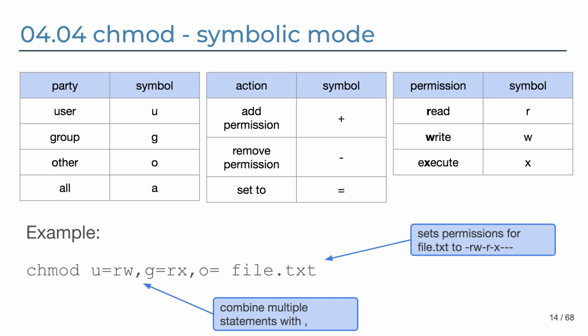Why would the user not have execute? For example, if you have just a file, you have to think the file is always just bits and bytes. If you give it execute permissions, then maybe somebody dropped you a malicious file that you just downloaded over the internet, and accidentally you run it by executing this file.